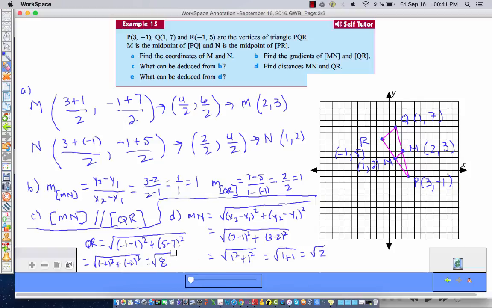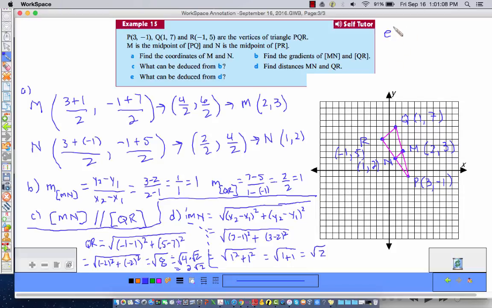Okay, and then with this, I can write this as square root of 4 times square root of 2. Let me put a little thing to separate this here. And the square root of 4 is 2, so this finally equals 2 root 2. So MN is root 2, and QR has a length of 2 times root 2.